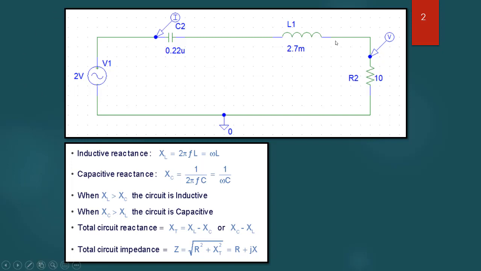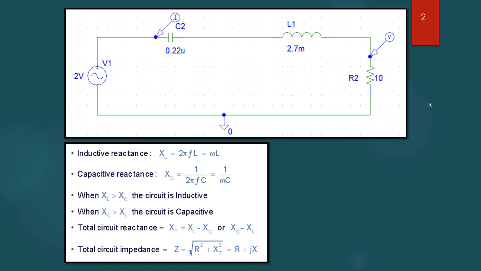As we can see in this circuit, the source is a simple AC voltage source of 2 volt, and we have used a capacitor of 0.22 microfarad, an inductance of 2.7 millihenry, and a resistance of 10 ohm. Now, by implementing this circuit, we will see how we can achieve series resonance.